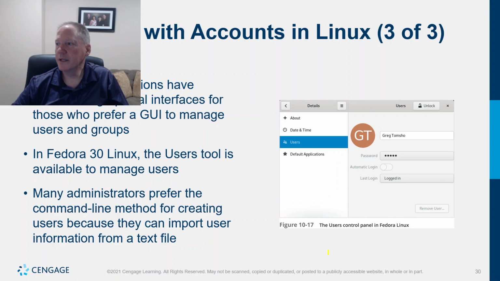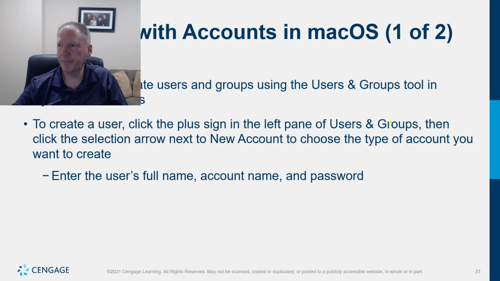All right. Now, Linux also has a GUI tool to manage users and groups. If you just click on Activities and then search for Users, it'll pull up the Users tool and you can manage it that way. All right, in Mac, you create users and groups from the GUI.